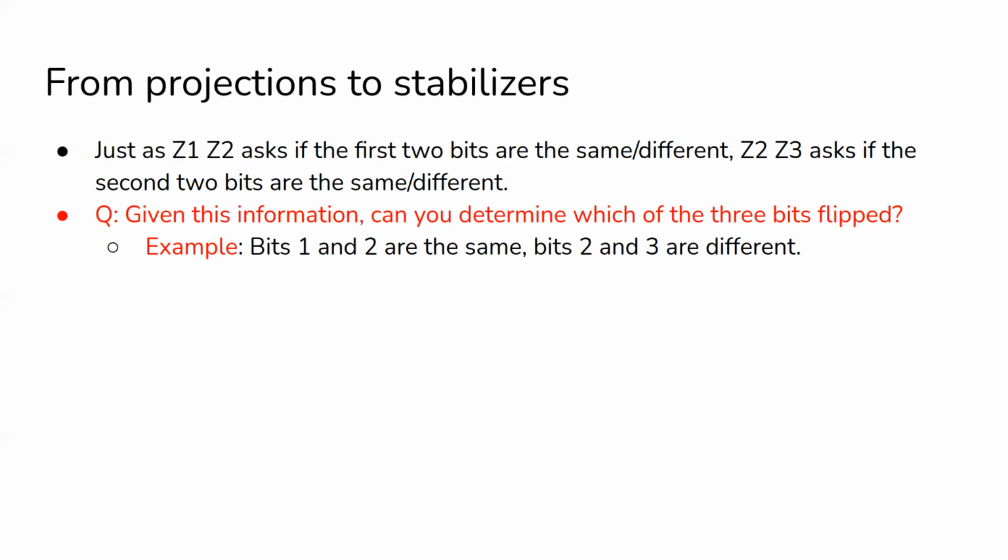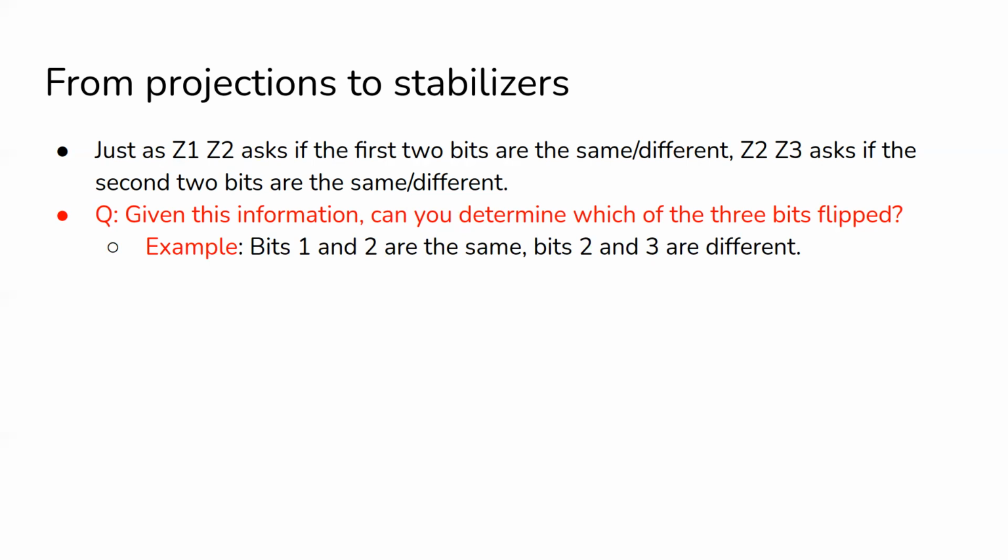Let's say bits 1 and 2 are the same, so we measured Z1 Z2 and got a +1. And bits 2 and 3 were different, so Z2 Z3 was measured to be -1. Can you determine which of the 3 bits flipped?